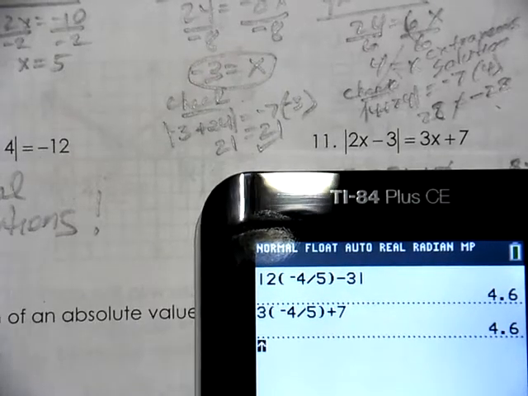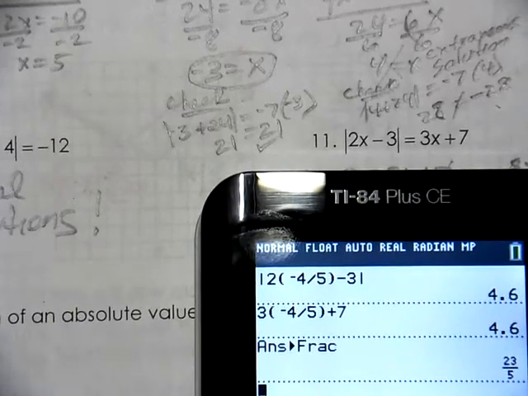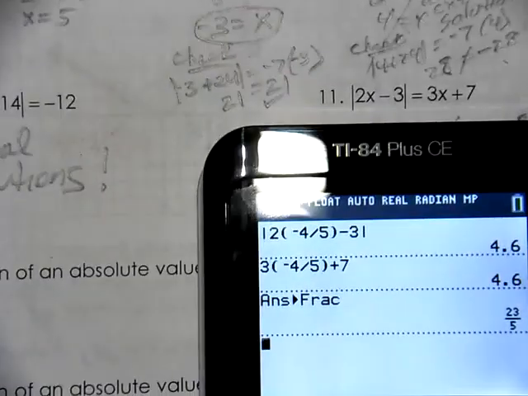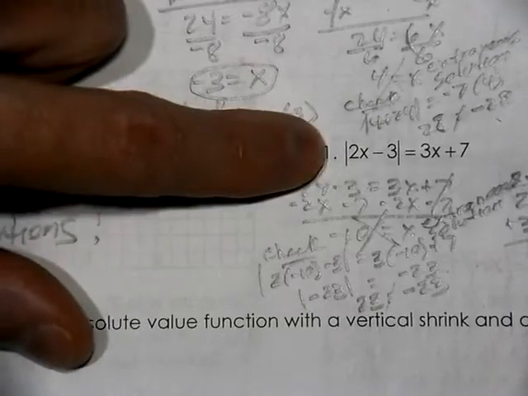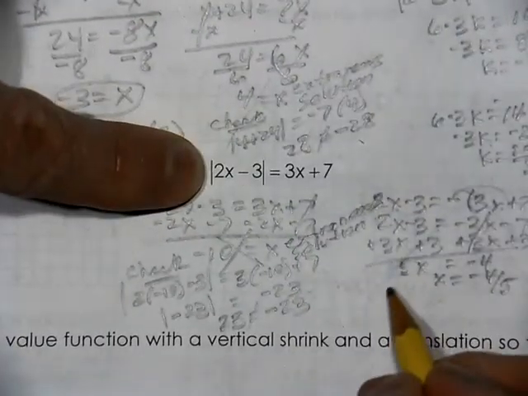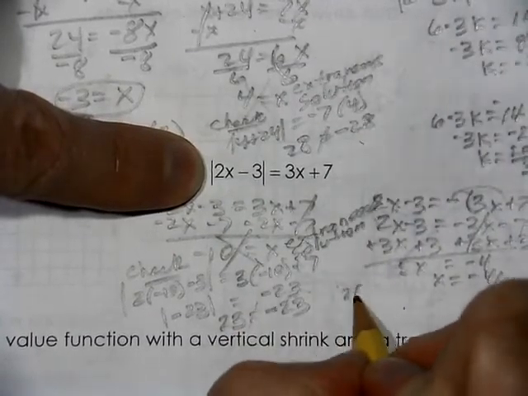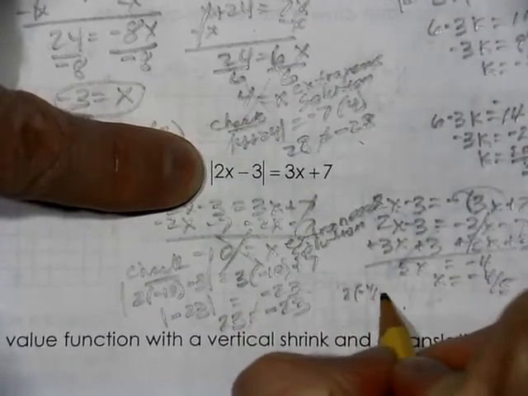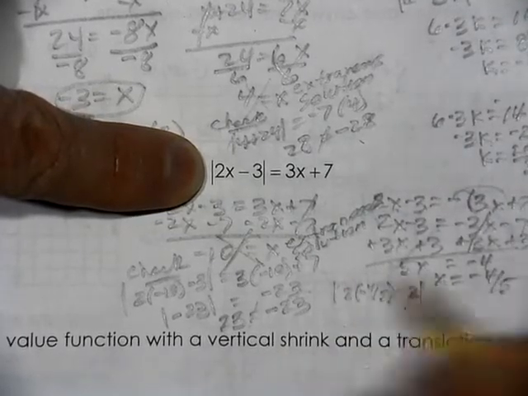The fraction that would have been shown would have been 23/5. I'll do that here quickly for us. I'll plug in negative 4/5 minus 3.